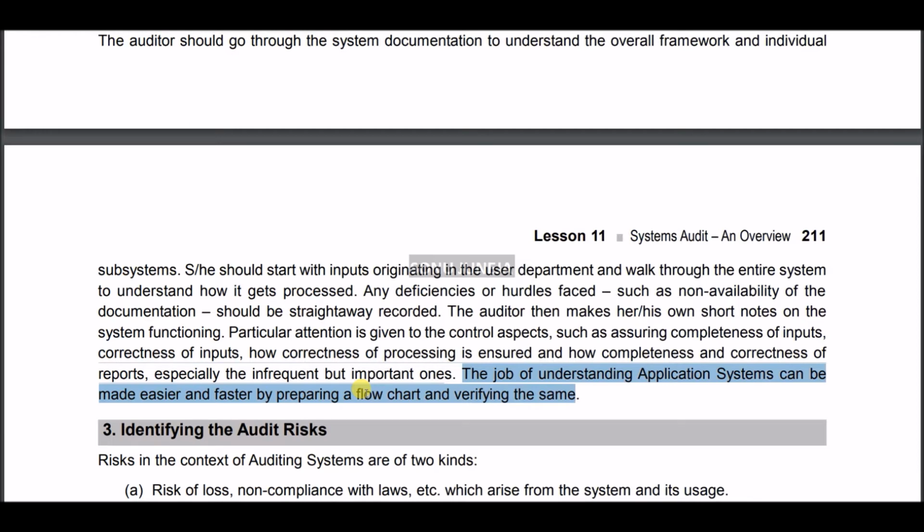Apart from that, the major role is that you need to understand the application system, made easier and faster by preparing a flow chart. So before you conduct this audit, it would be preferable if you prepare a flow chart, so you would be able to decide and process easily.